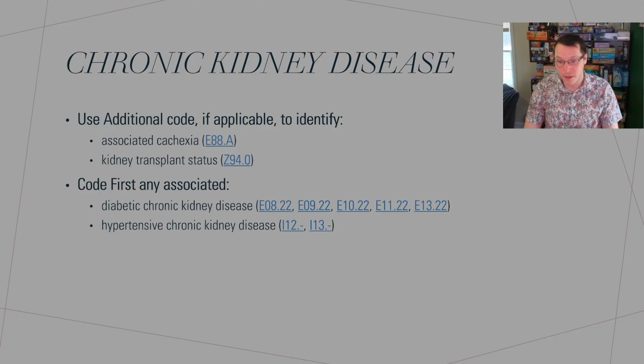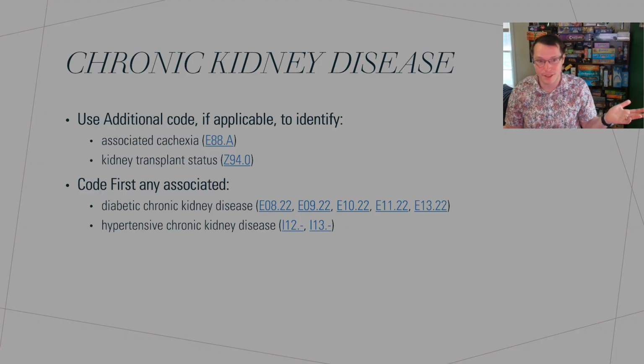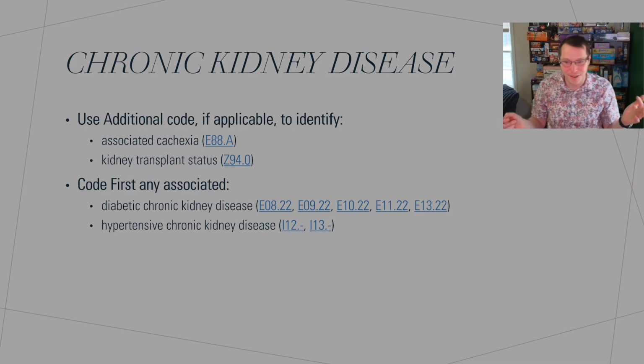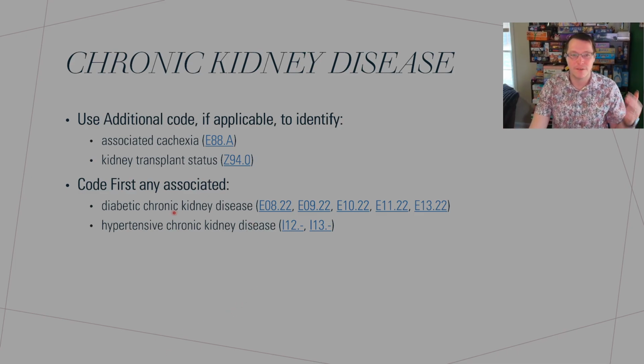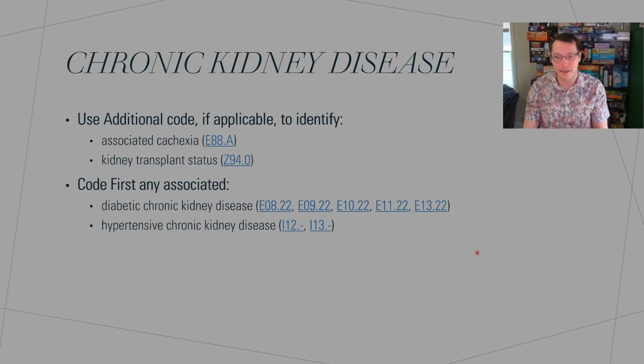Because obviously it will both affect the body in very drastic ways and the whole function. So unless you as a provider are explicitly stating that the CKD or hypertension are not related to each other, or the CKD and diabetes aren't related together, it will always be assumed that they are linked together. So just note that these codes exist.